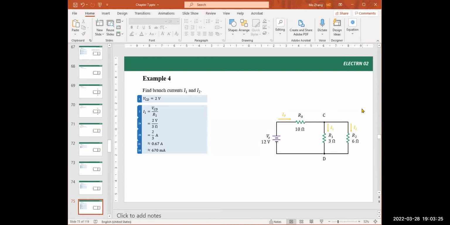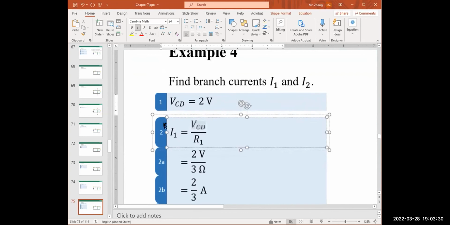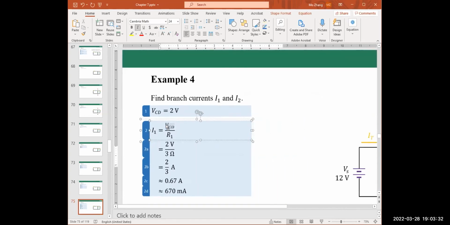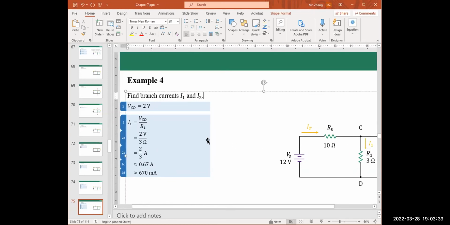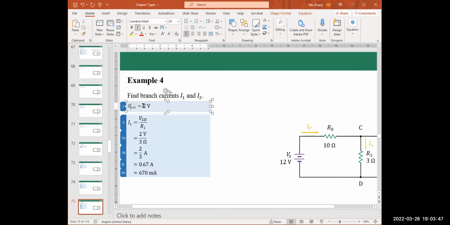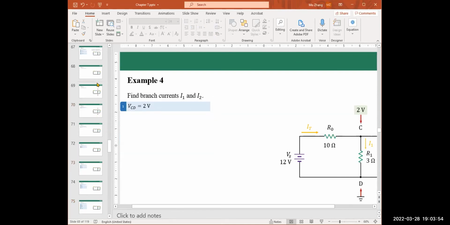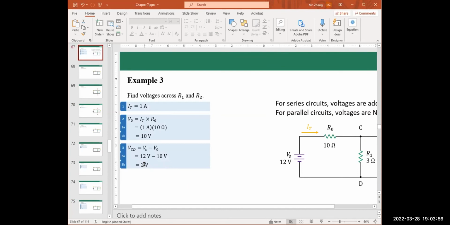Professor, on step number 2 in the shaded portion, you went from Ohm's law into that formula. Is that current 1? Yes. Step 2? Yeah. Okay. So between step 1 and step 2, you went into Ohm's law. Yes. VCD was obtained in example 3. So from example 3, here where we get 2 volt.